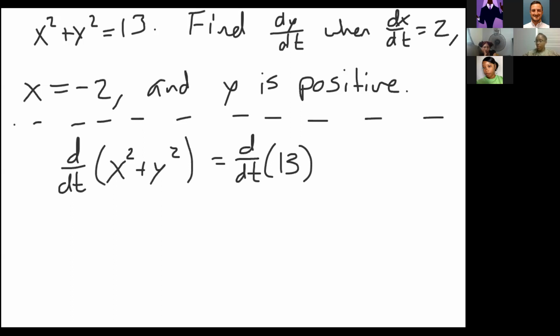You're going to see that once you find your related rates equation, you're going to have dx over dt, dy over dt, and the x and y variables in there. One of the things you're going to need to figure out is what is your value of y. So use the equation that you're given to find y, and then plug all that stuff into your related rates.